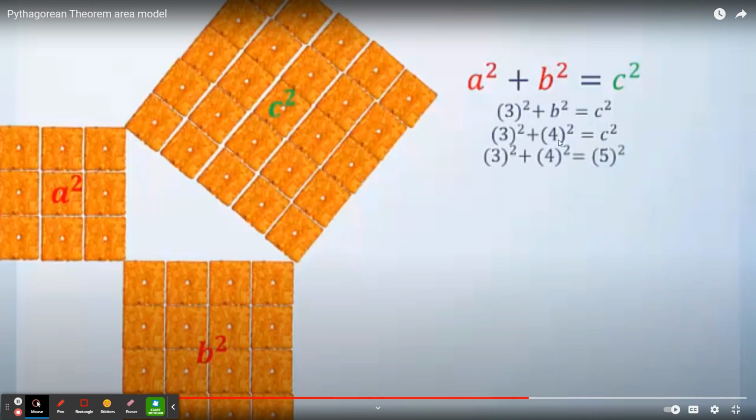And we've also got that hypotenuse C. When I take that 5 and square it, it looks like that within the Pythagorean theorem. Since 3 squared is 9 and 4 squared is 16 and 5 squared is 25, 16 plus 9 is equal to 25, and 25 is equal to 25. Therefore, this is proof that the Pythagorean theorem does work.